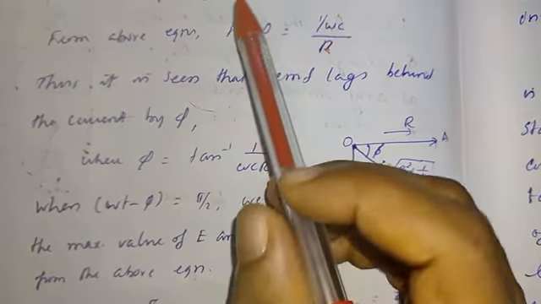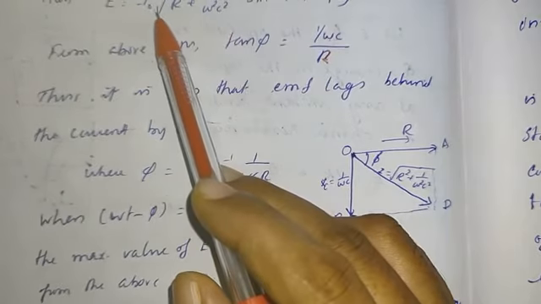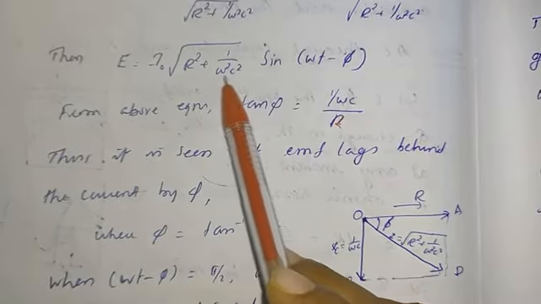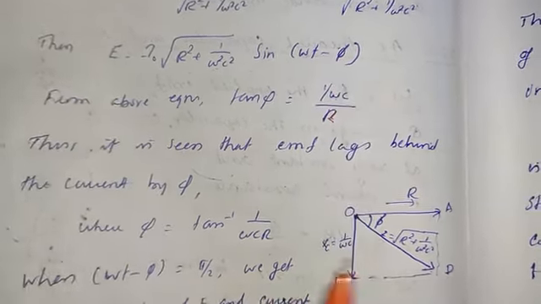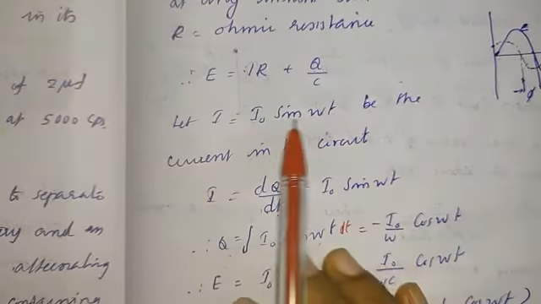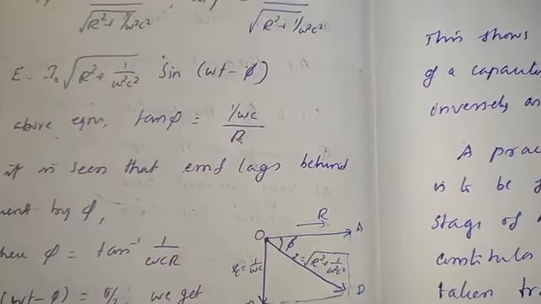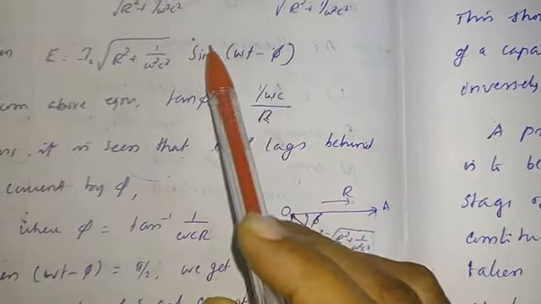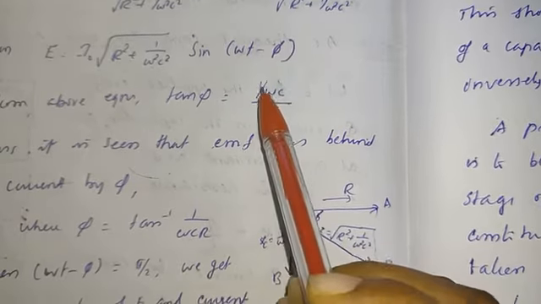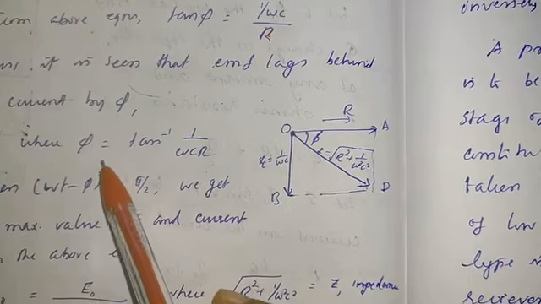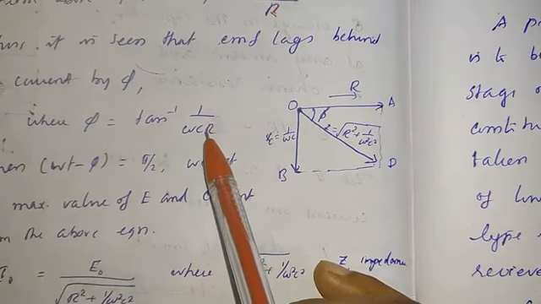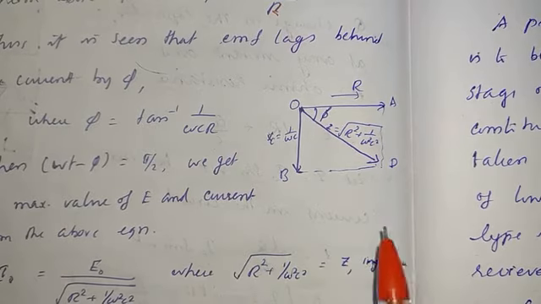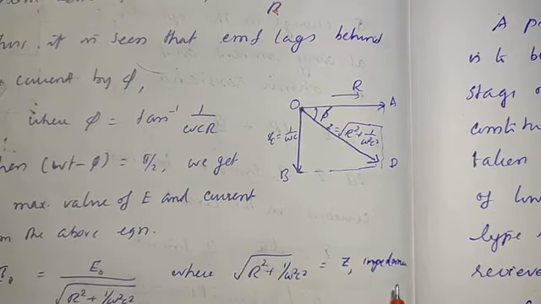Here we have seen from this equation that E is equal to this factor and sin omega t minus phi, but our current equation was I0 sin omega t. Comparing these two equations, it is clear that the EMF lags behind the current by a factor of phi, where phi is given by tan inverse of 1 by omega C R.